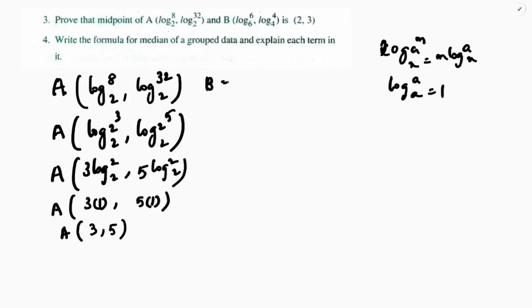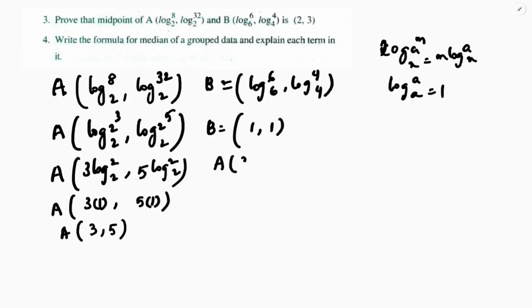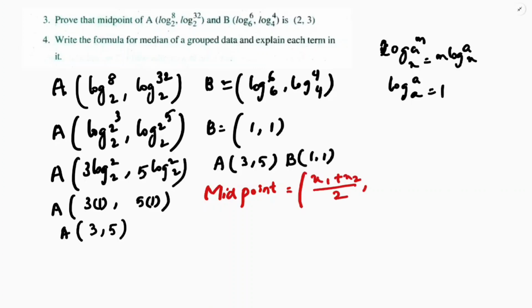In the same way, B is log 6 to the base 6 comma log 4 to the base 4. So B is 1 comma 1. Now we need to prove the midpoint is 2 comma 3. A is 3 comma 5, B is 1 comma 1. The midpoint formula is (x1 plus x2) by 2, (y1 plus y2) by 2.